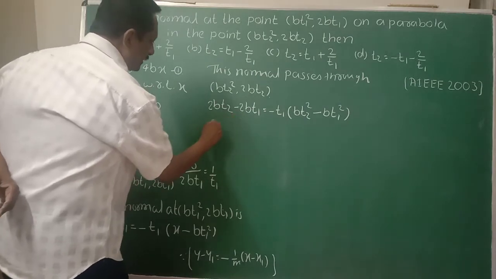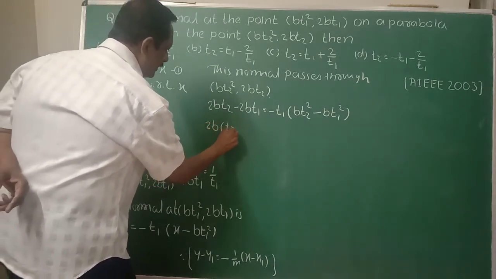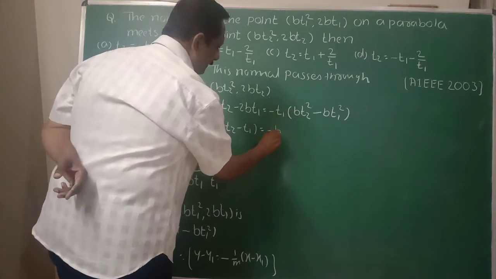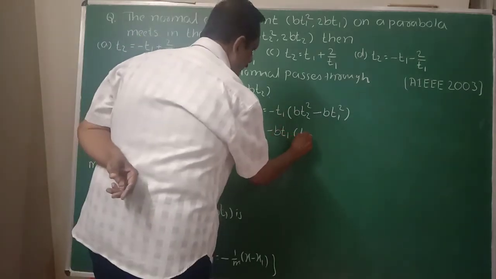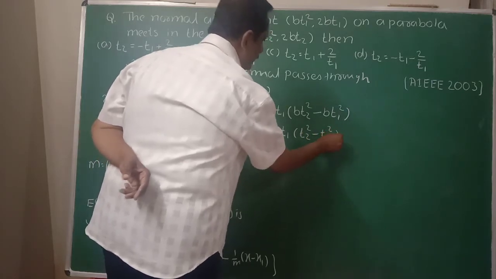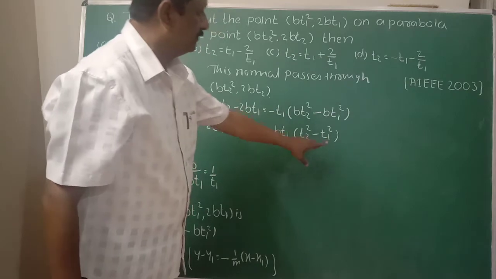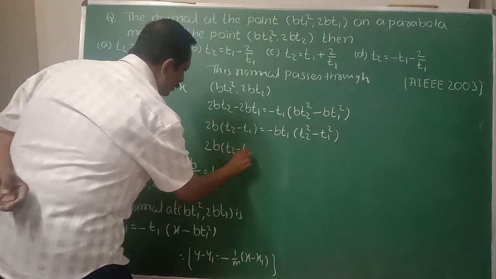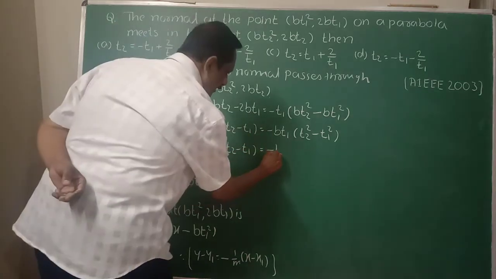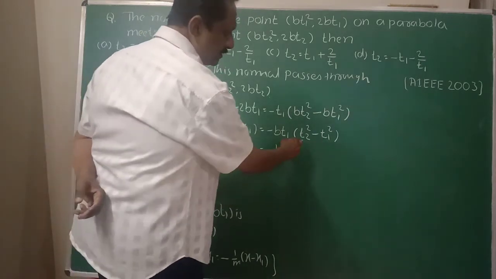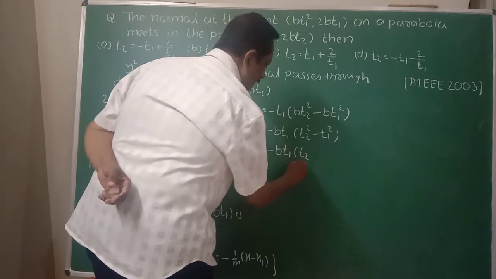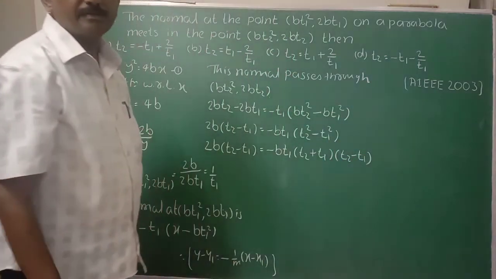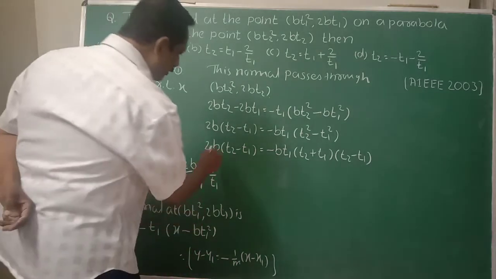Here 2b is the common factor, so keep 2b outside. Hence 2b into bracket t2 minus t1 is equal to minus bt1 into bracket t2 square minus t1 square, where b is common. Using the a square minus b square formula, a plus b into a minus b, we get t2 plus t1 into t2 minus t1.